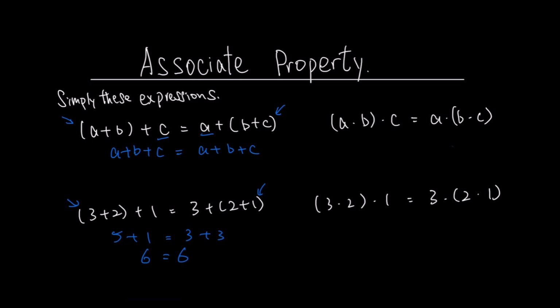So, no matter how we group these terms together, we still got the same answer, because the associative property tells us that the grouping doesn't matter when we are dealing with addition and multiplication.